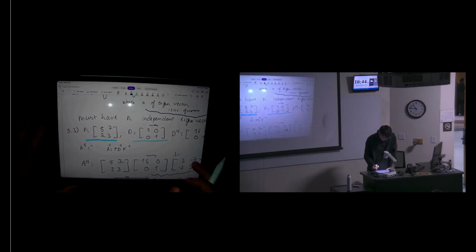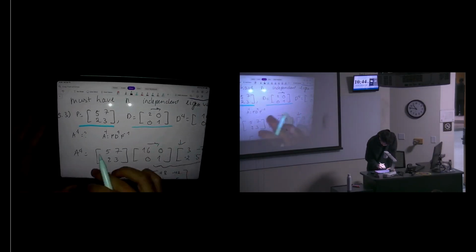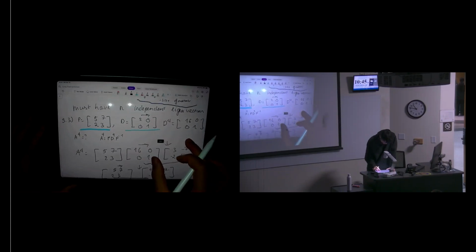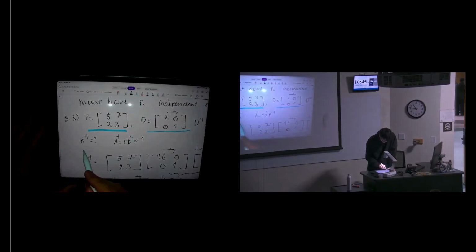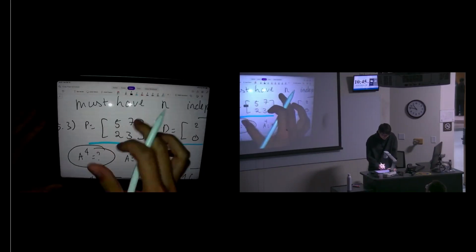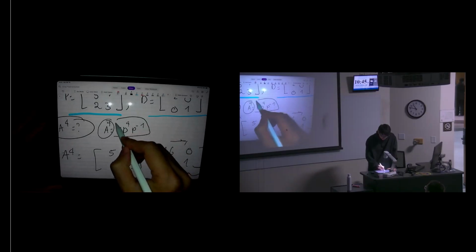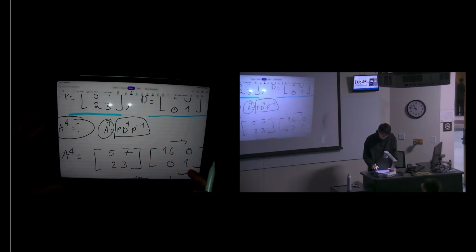Let me see some example I can find. Okay. So right now, I want to find my A to the power 4. I already gave you P and D, and now you need to find P inverse. We're trying to find A to the 4th using this formula provided previously.